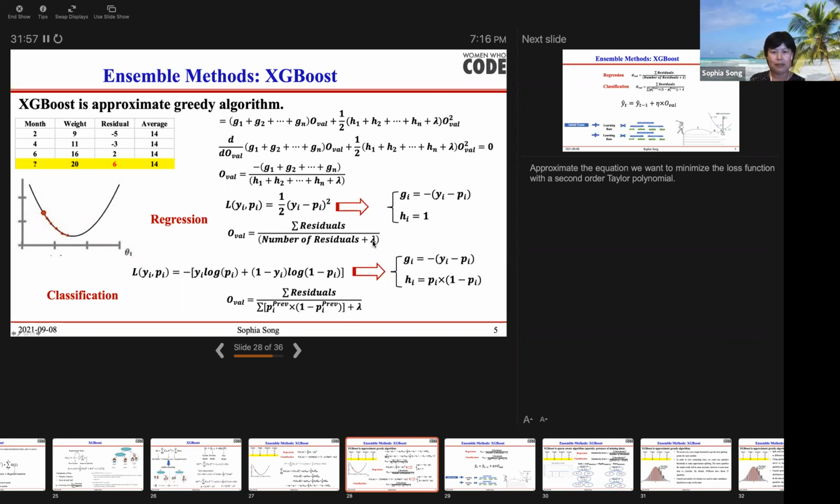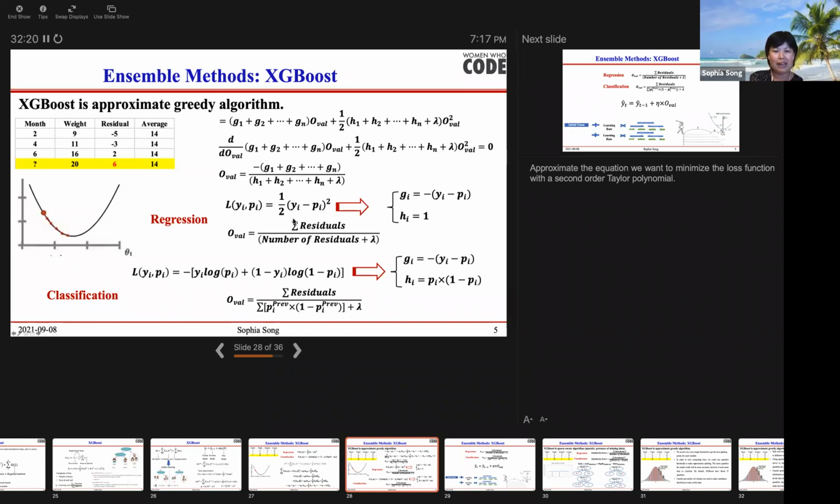parameter. For classification, we can use the same thing, and finally we get the output. The model output is the sum of residuals divided by the previous model's probability times 1 minus the previous model's probability.